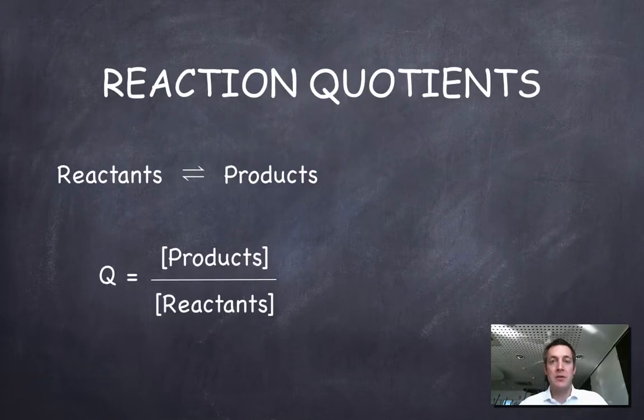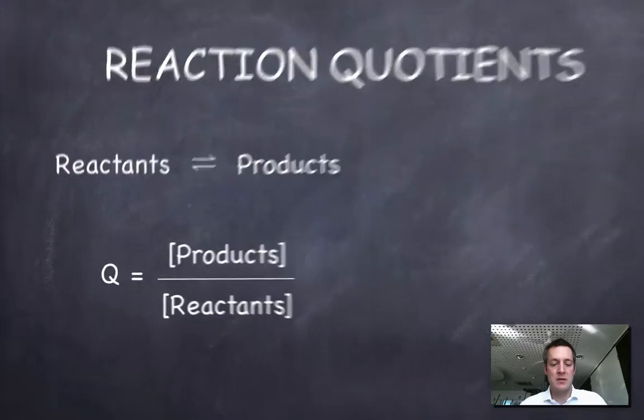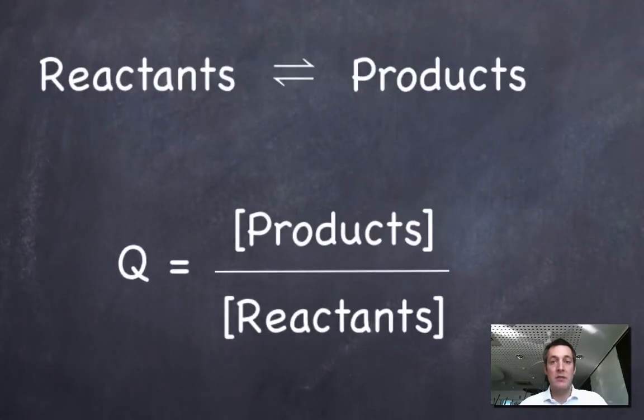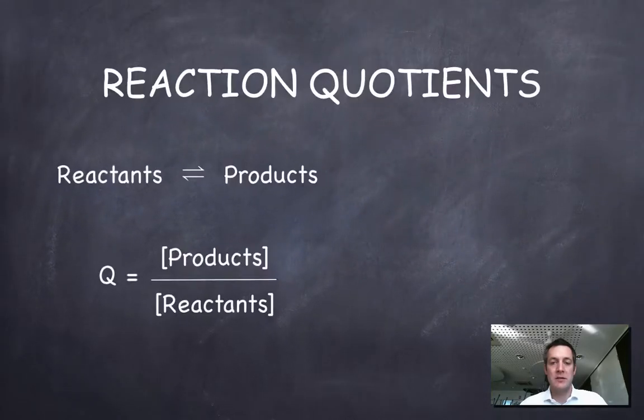Okay, so first of all we'll have a look at what reaction quotients are. Hopefully by now you know what an equilibrium constant is. If we've got a reversible reaction where reactants are turning into products, then we can express the reaction quotient, which we call Q for short, as the concentration of the products over the concentration of the reactants.